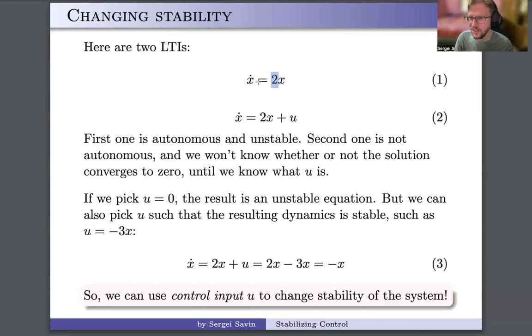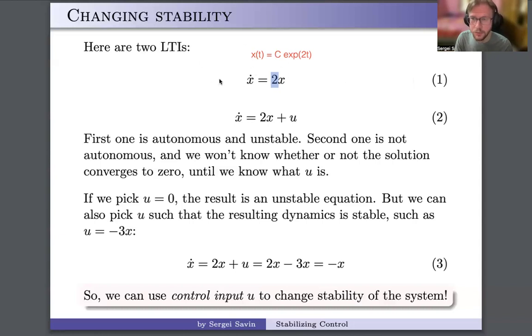And even if you did not know the criterion, you could remember that the solution for this system would be something like x of t equals c times exponent of 2t, which is a growing exponential function. Depending on the sign of c, it's going to grow upwards or downwards, but towards infinity in either direction.